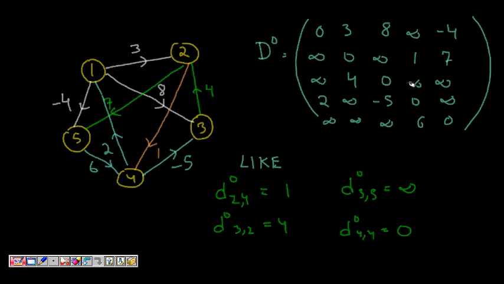We can see that node 2 to 5 is represented as 2 to 5, and its value is 7. Nodes 3 and 5 are not connected, so it is infinity here. Okay, so this is the adjacency matrix representation.